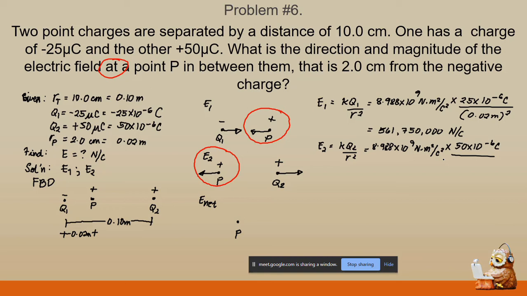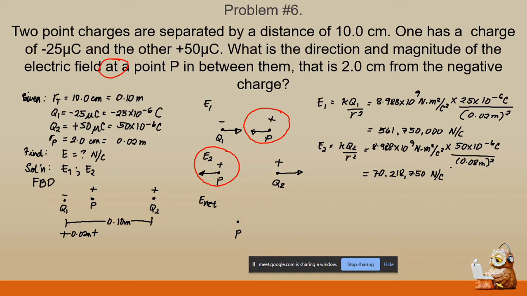How did we get 0.08 meter? We just subtract 0.02 meter from 0.10 meter. This yields 0.08 meter, and do not forget the exponent 2. So E sub 2 is 70,218,750.